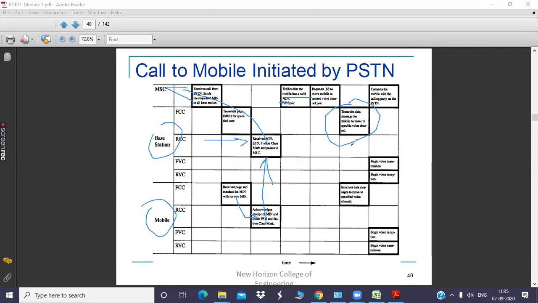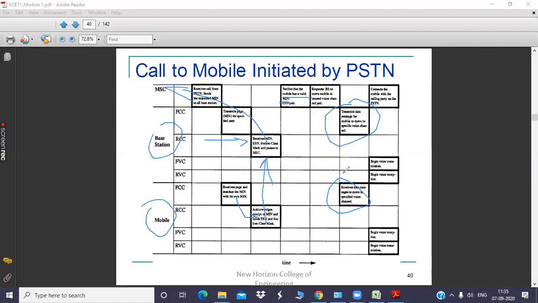The mobile receives the data message to move to the specified voice channel, an intimation from the base station, so it will move to that channel. Now the voice conversation will start.